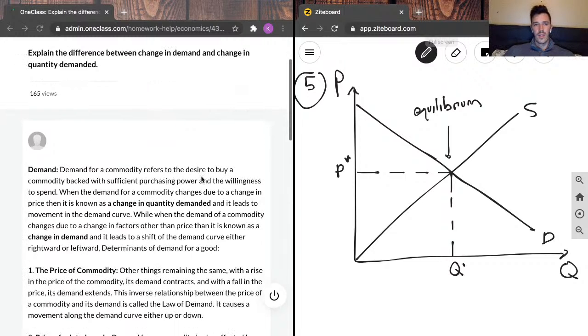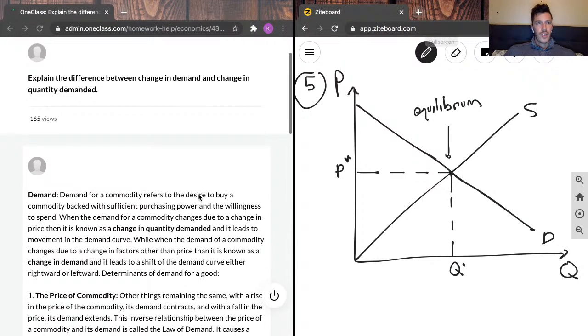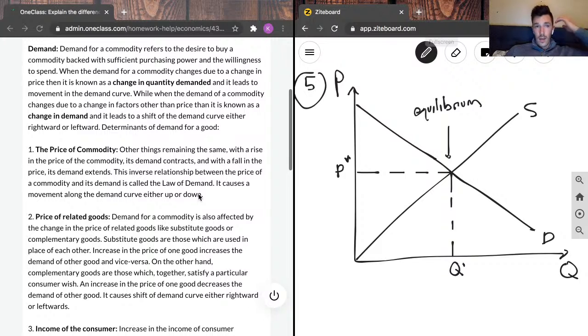Maybe I'll read our junior tutor's answer first, and then come back to my little chart here. So explain the difference between a change in demand and a change in quantity demanded. Our junior tutor has written: Demand for a commodity refers to the desire to buy a commodity backed with sufficient purchasing power and the willingness to spend.